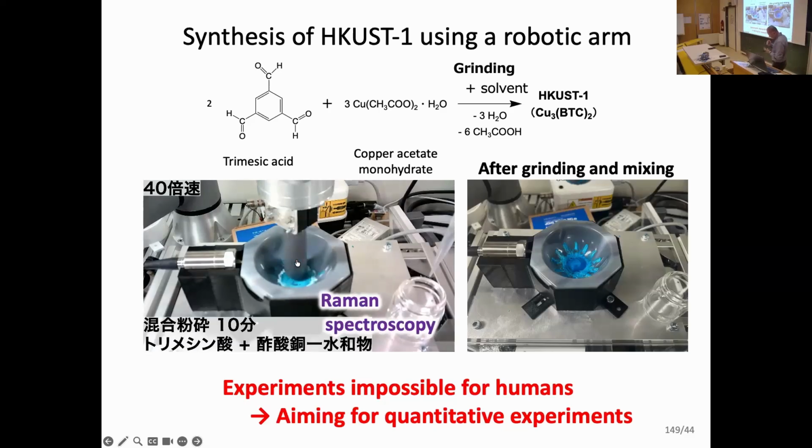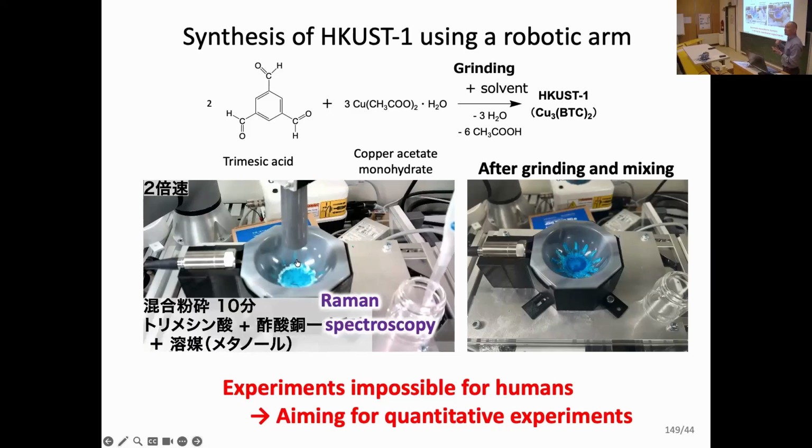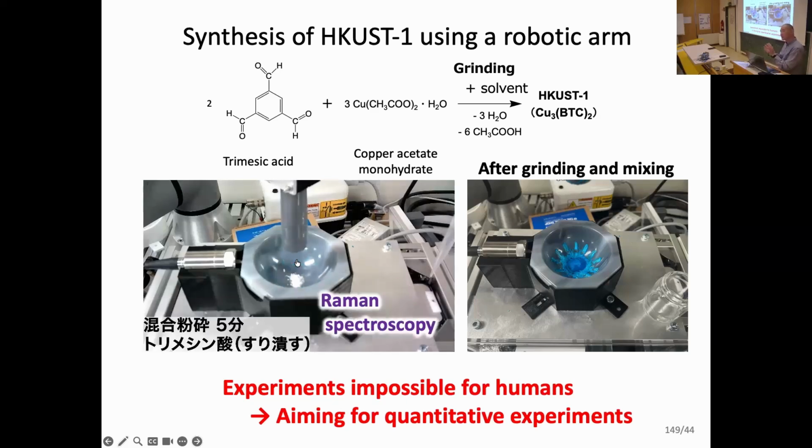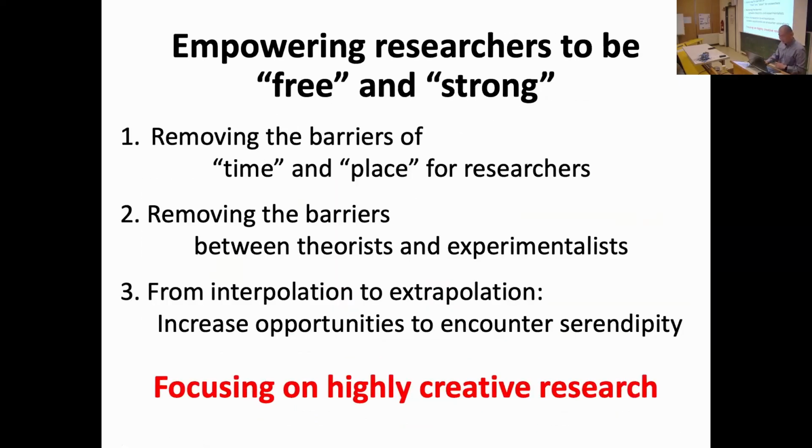So we can really go beyond human, with higher reproducibility, and really go for new chemistry. That's what we are working on: expanding the parameter space and finding new chemistry. We recently started doing this with MOFs, and we can make different polymorphs using this system.